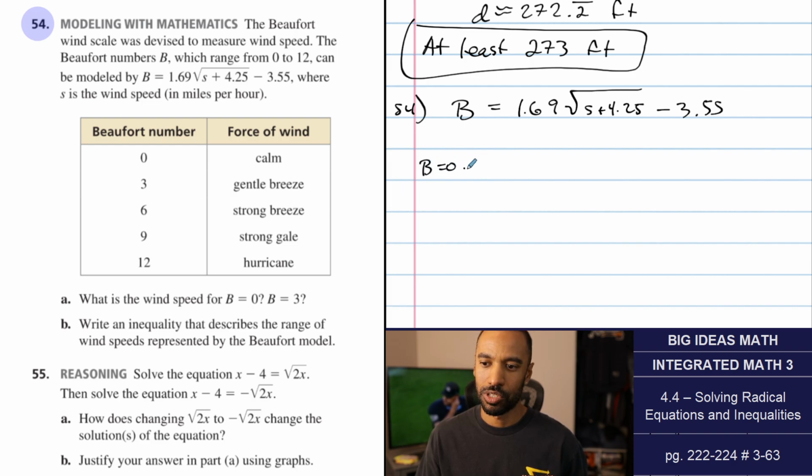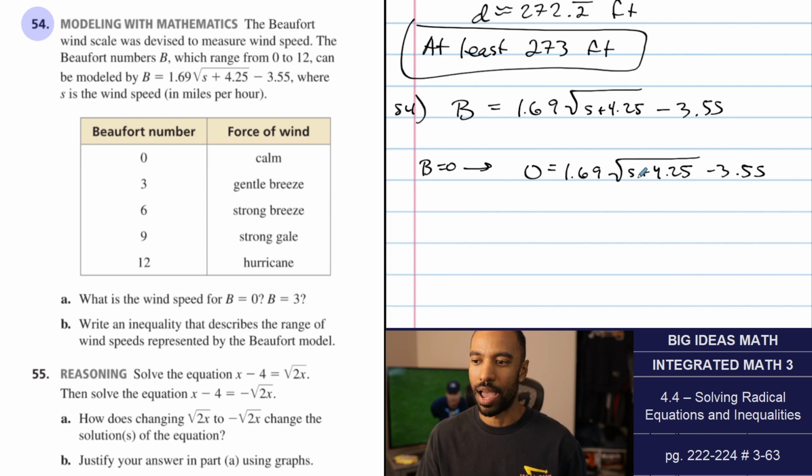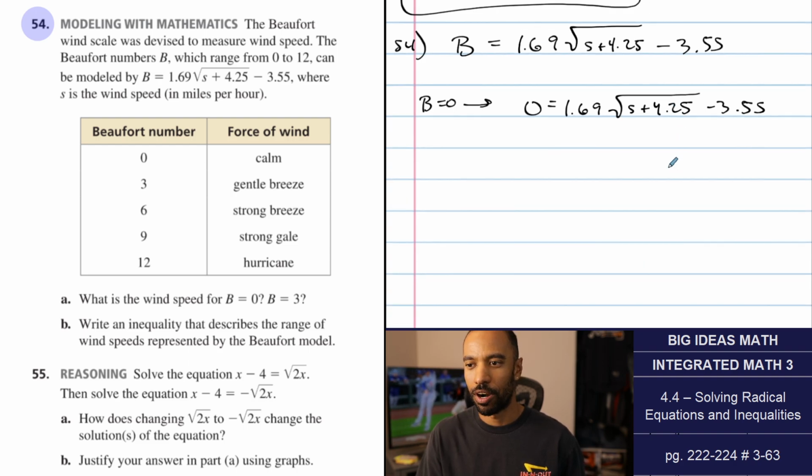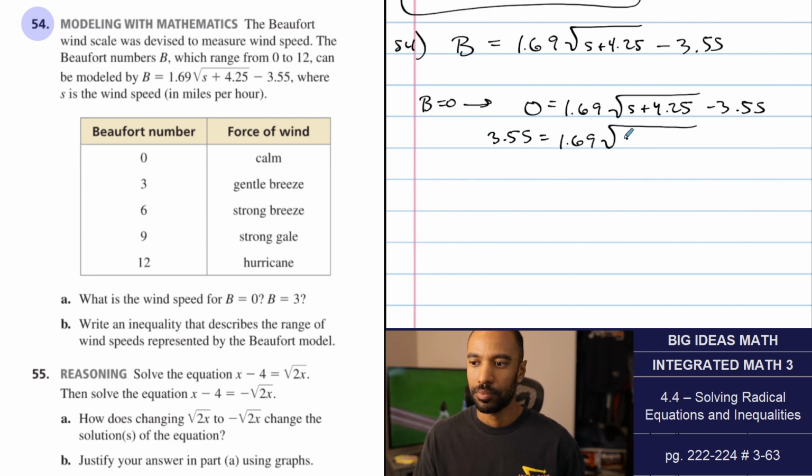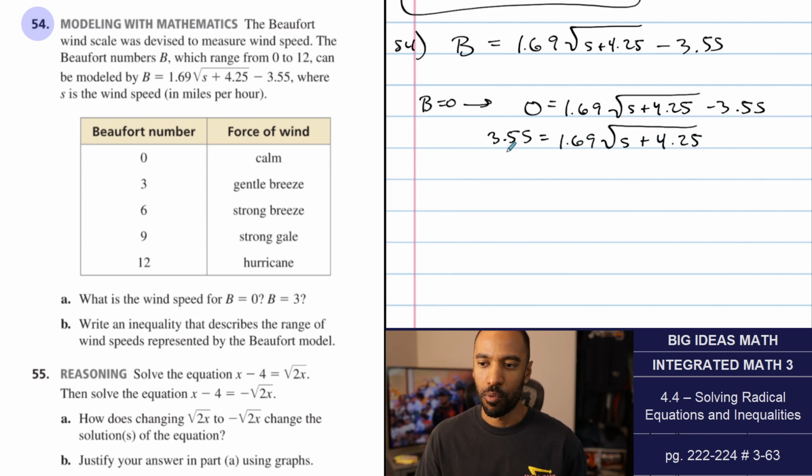All right, so B equals 0, we'll get 0 equals this. Once again, someday I'll learn my lesson as far as rewriting this and solving for s first before I do anything else, but we might as well do it here. We're going to add 3.55 to both sides. We're going to divide both sides by 1.69.